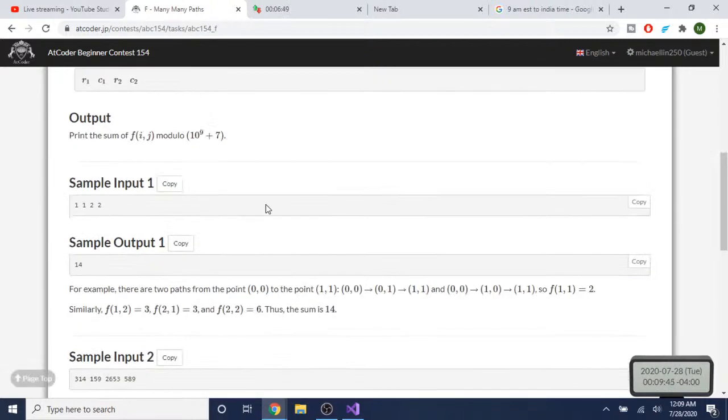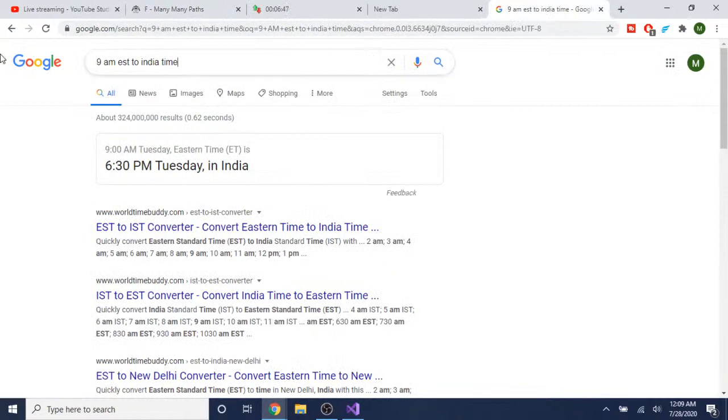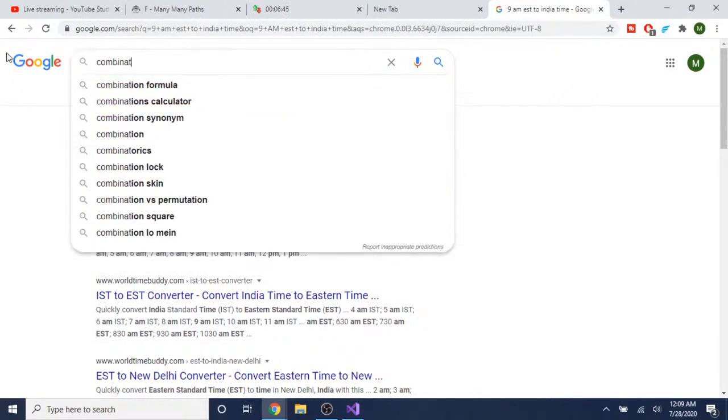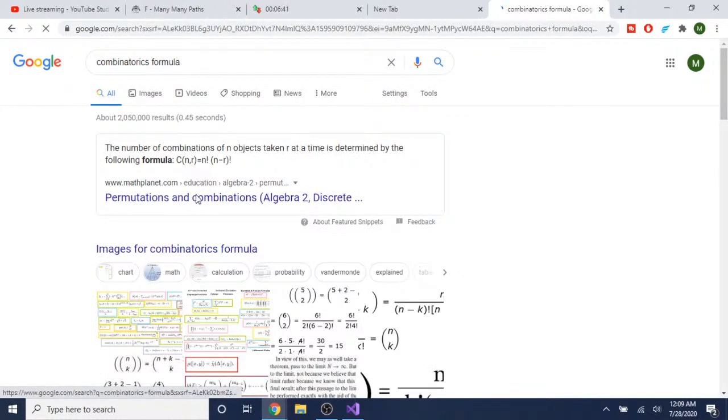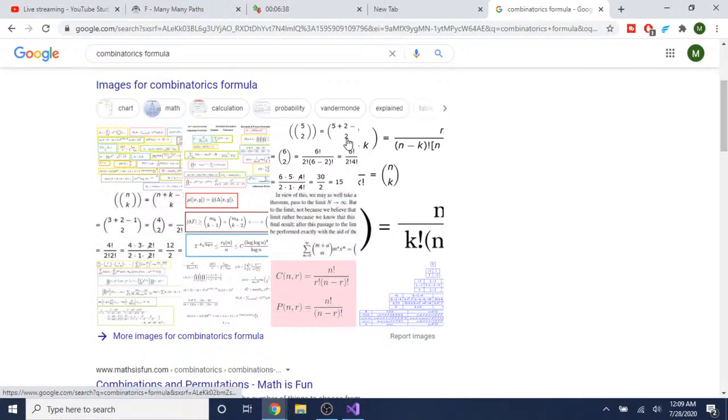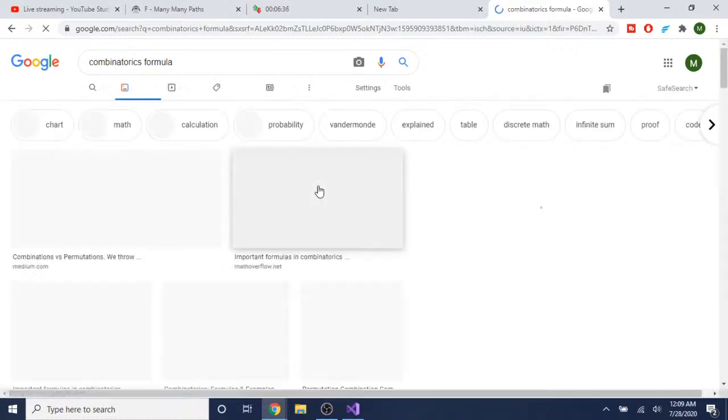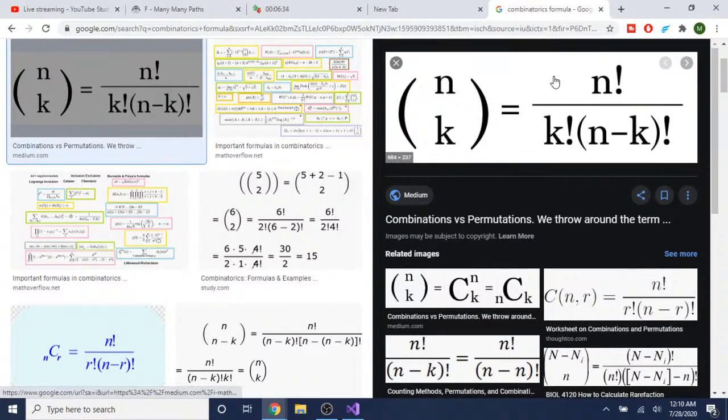Because if we do, wait, okay. Let's look at the combinatorics formula. Because if we do, let's see, n minus 1 choose k, wait, hold up.